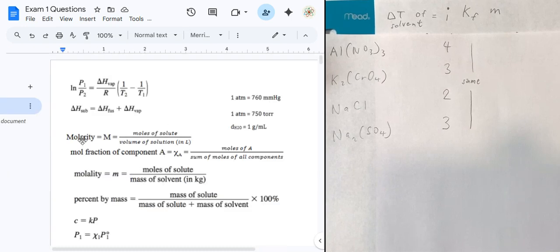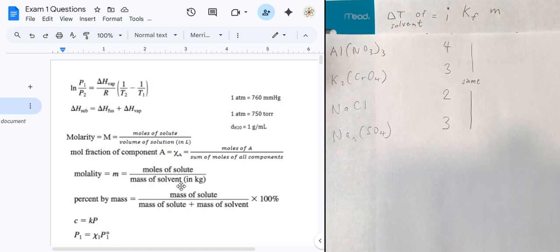If the molarity is the same, the moles of solute and the volume of solution are probably the same. And if the moles of solute is the same, and we don't know the mass of solvent, but the solvent is water, and if the volume of the solution is the same for each one, then the volume of the water used is probably the same as well.